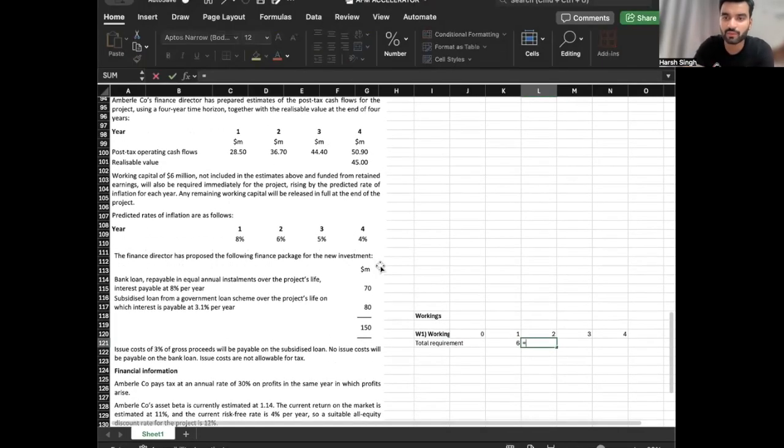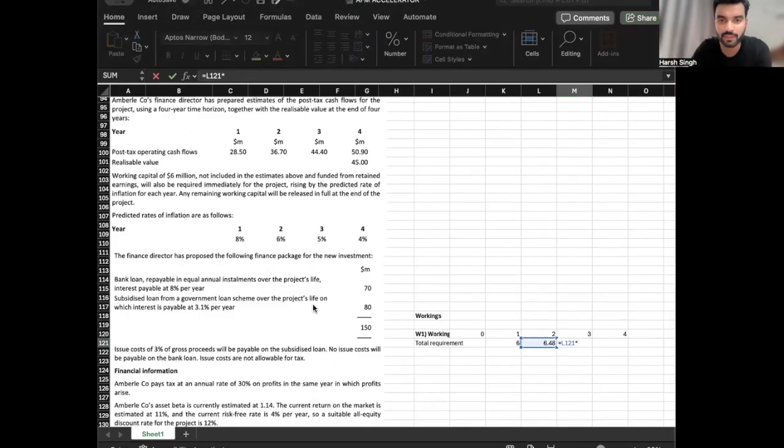Then year 2, I'll require 6 multiplied by 1.08. Then I'll require whatever the amount multiplied by 1.06. Then I'll require whatever the amount multiplied by 1.05.